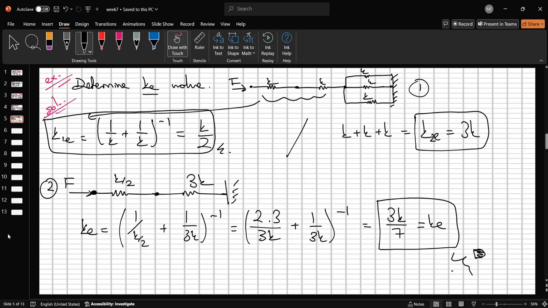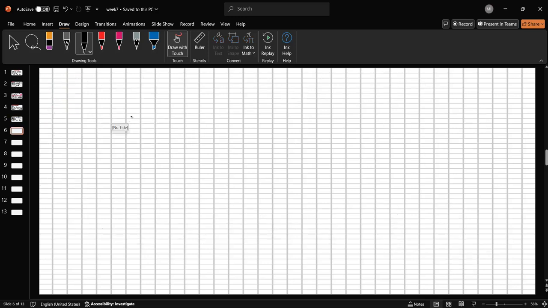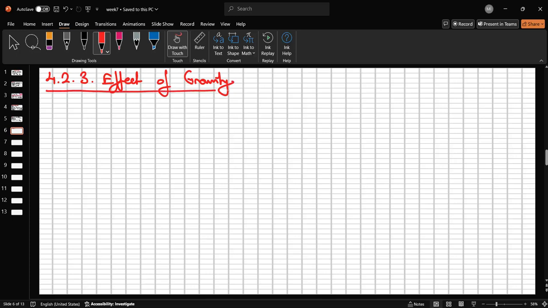If you don't have any question, we will continue with 4.2.3, the effect of gravity. What is the effect of gravity?